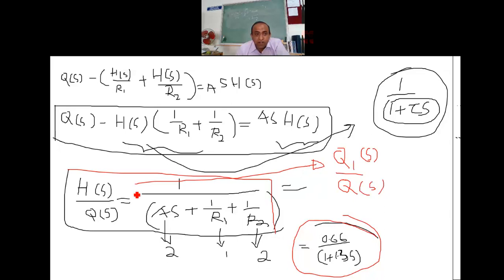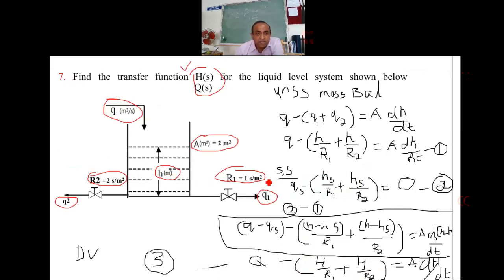Now I have done it for H by Q. I'll just go back to the figure. See there. What I did, I obtained H by Q. Similarly you can do it for Q1 by Q, or else Q2 by Q. So let us try with Q1 by Q.